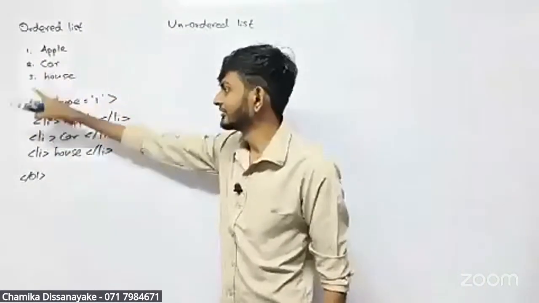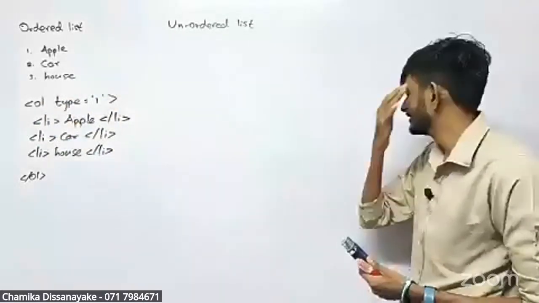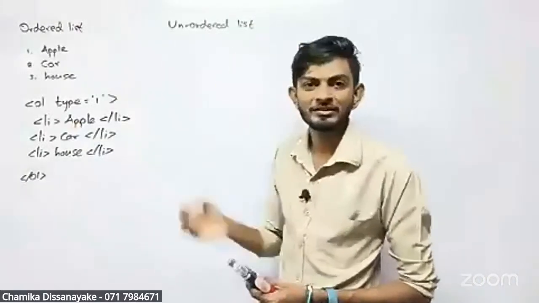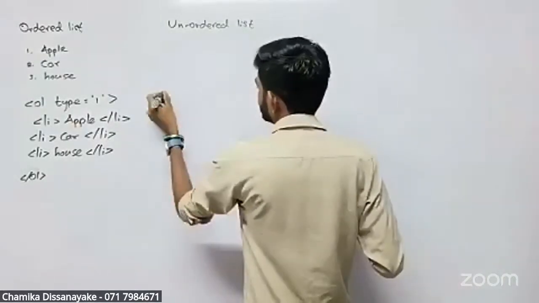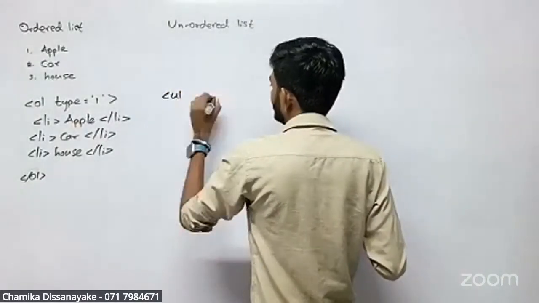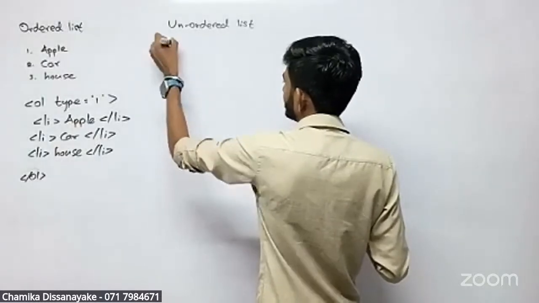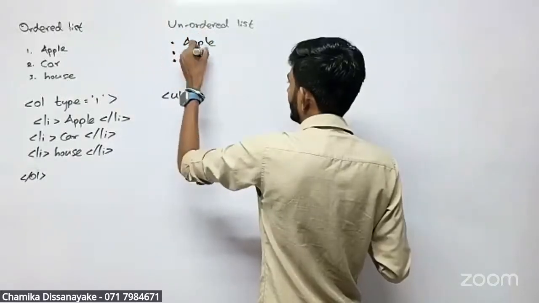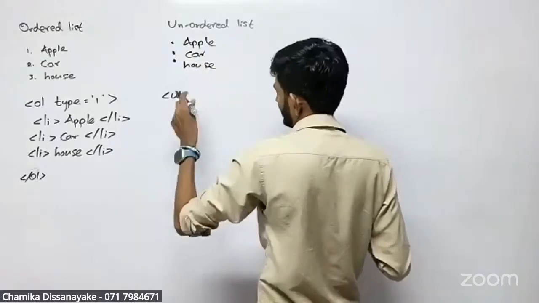The ordered list starts as OL, which means ordered list. Here we have the unordered list, and we start it with UL. Very simple. This is the default one, bullet points, apple and car. Here also we have a type.